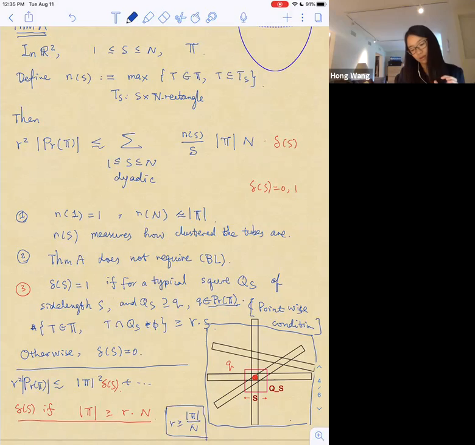So this delta N equals 1 is a very strong condition on the R, which says that the R-rich unit balls, this parameter R is as small as possible, but this rarely happens.